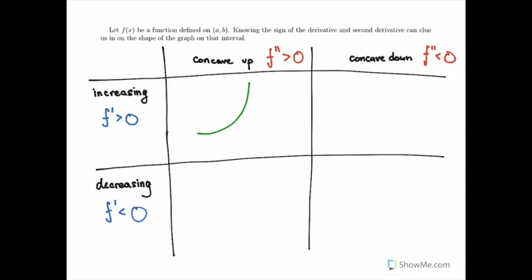From decreasing and concave up, it's going to be like the other half of the smiley face, going down from left to right. If I am increasing and concave down, one half of the frowny face, decreasing and concave down, the other half. These are the 4 general shapes of a graph that I'm going to be using to connect the dots in a specific way.